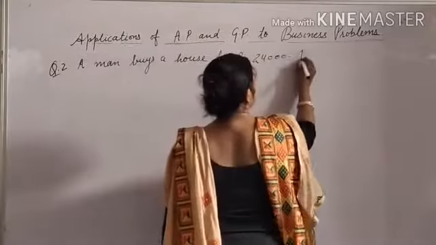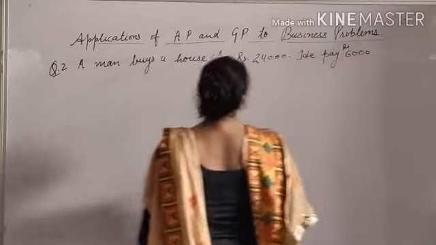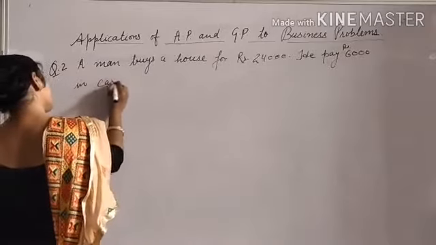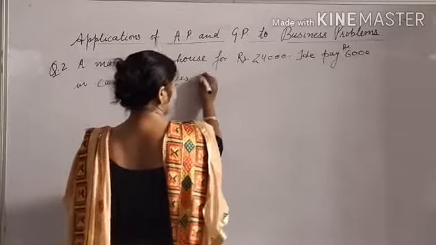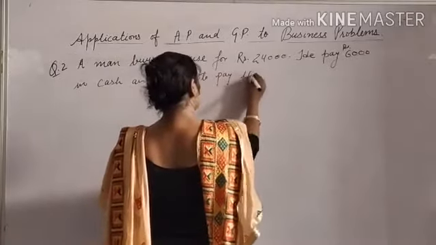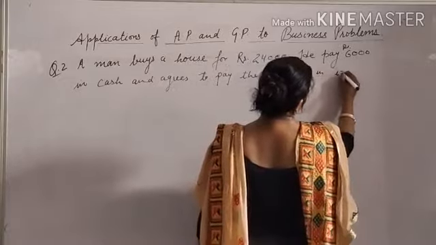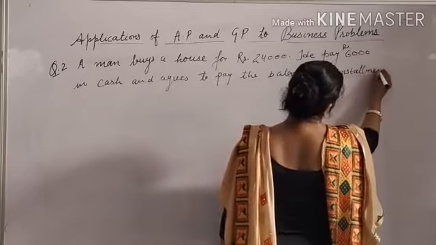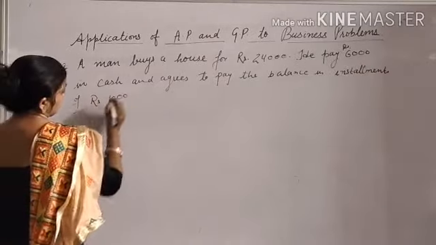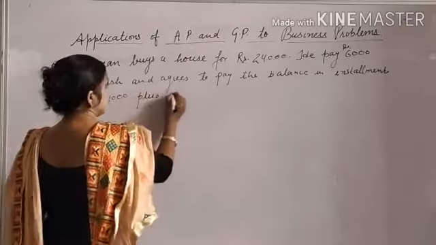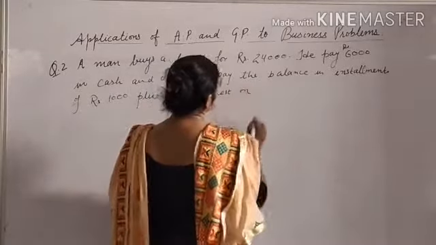He pays 6,000 rupees in cash, and agrees to pay the balance in installments of rupees 1,000 plus 10% interest on the unpaid amount.